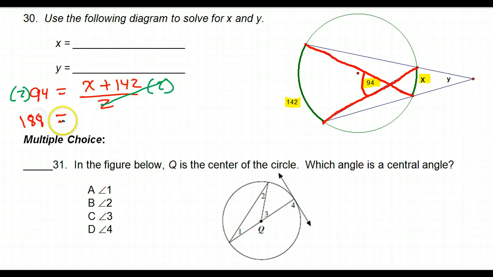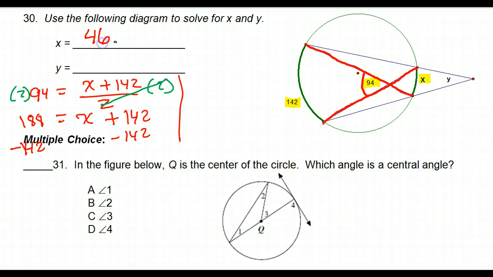So that's going to be 188 is equal to x plus 142. And of course we will subtract 142 from both sides. Whoops, 142. So that tells us that x is 46. Alright, so that's that.